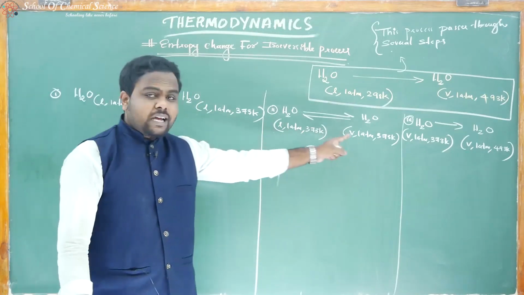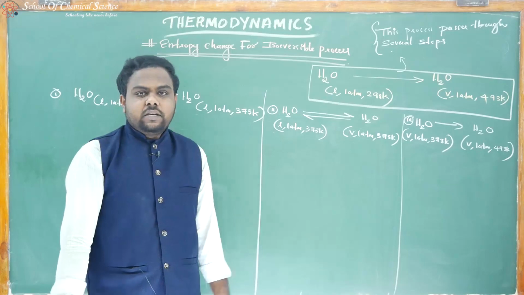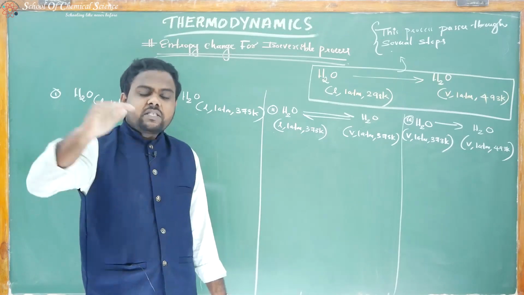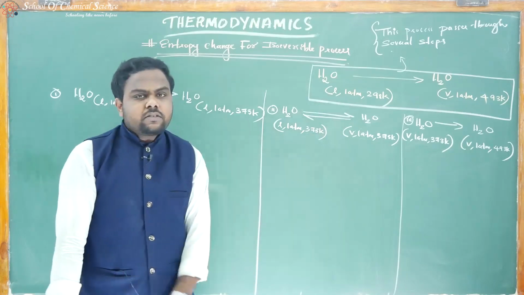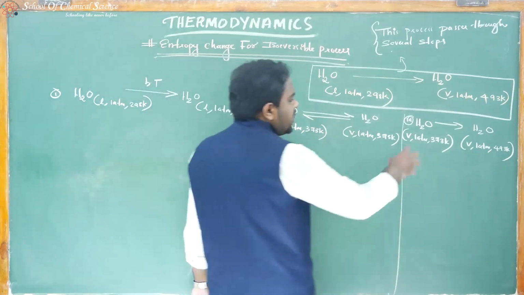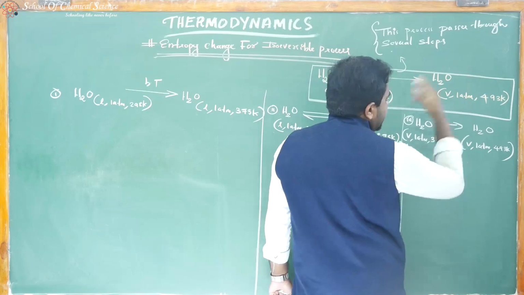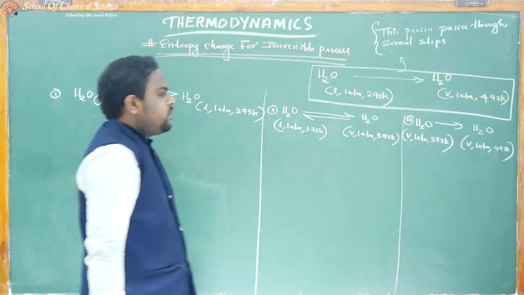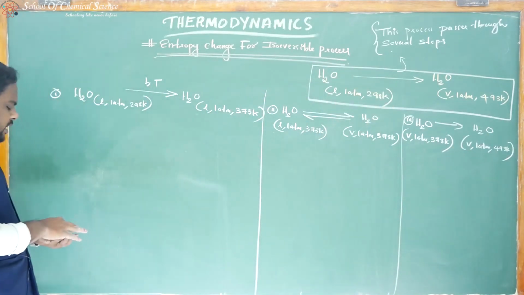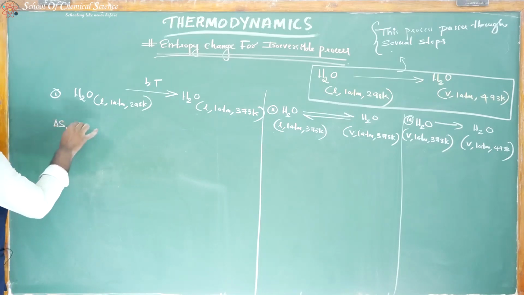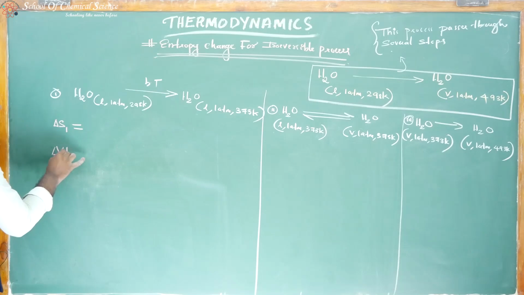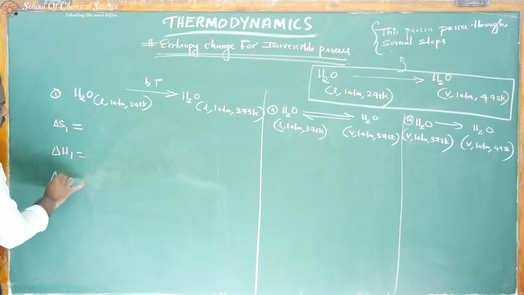You know, during phase transition, if liquid is converted into vapor, the temperature does not change; it remains constant. And again, the vapor at 373 Kelvin is converted into vapor at 493 Kelvin. So, in each step, you have to find the equations for delta S1, delta H1, delta U1.